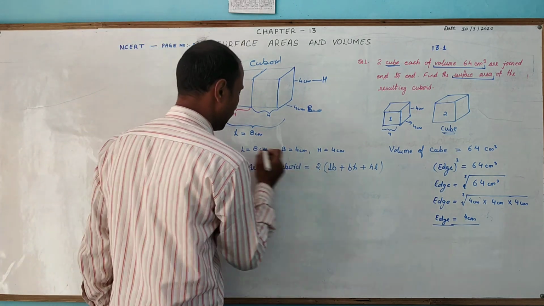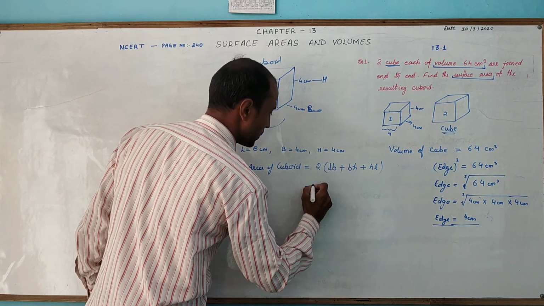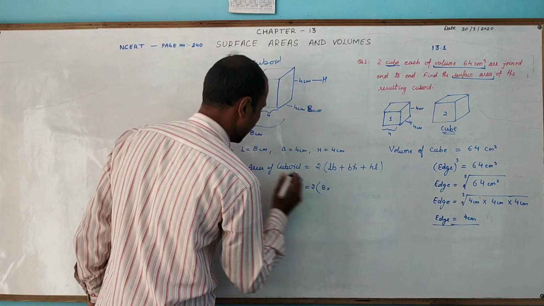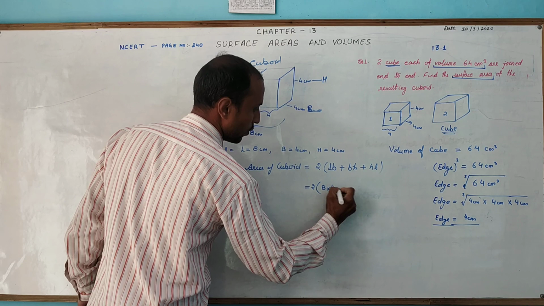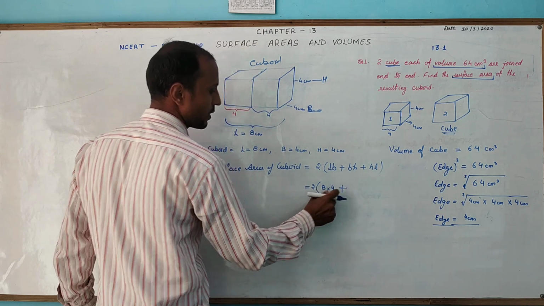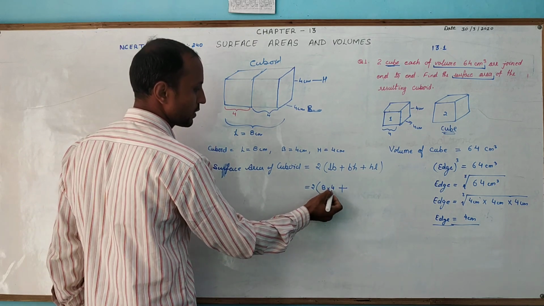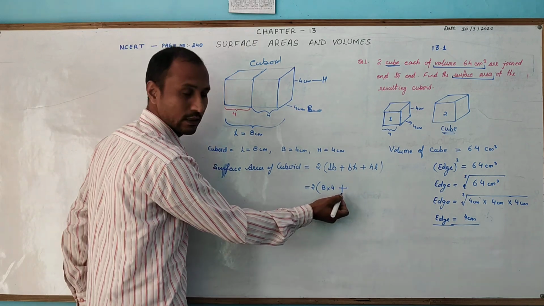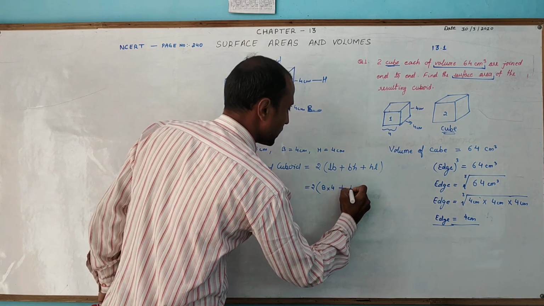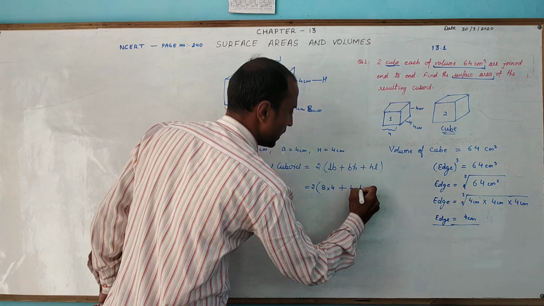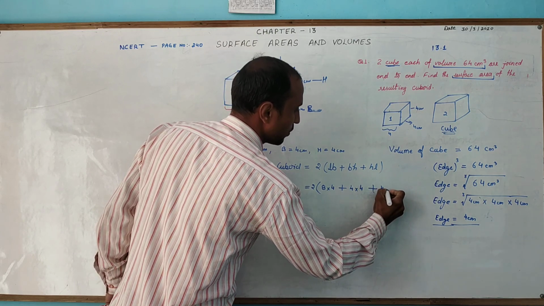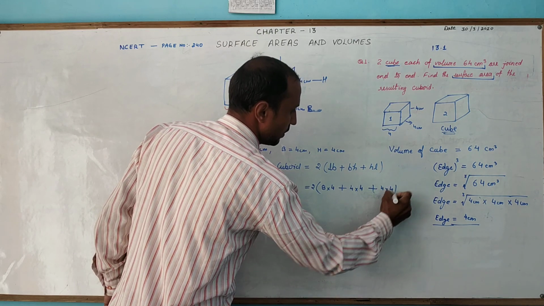So we will fill the information in this. That is 2, your length is what? 8 multiplies your breadth is what? 4 plus. Always write the plus sign a little big, so that you yourself can identify that the multiplication you have written small and the addition sign is a little big. After that your breadth is 4 multiplies your height is also 4. Now again addition sign, then height is 4 multiplies your length is also 4.